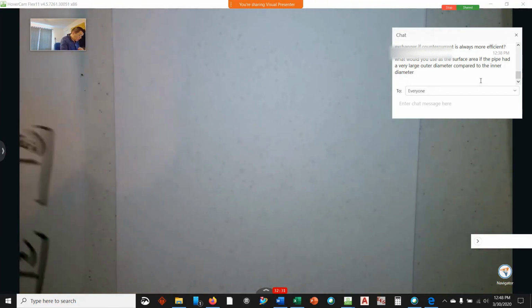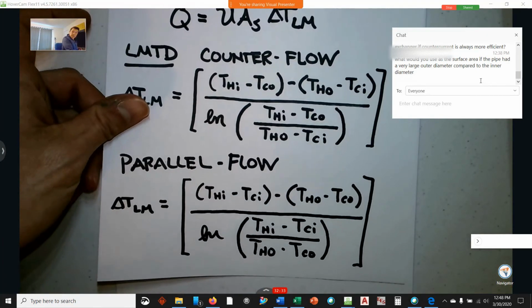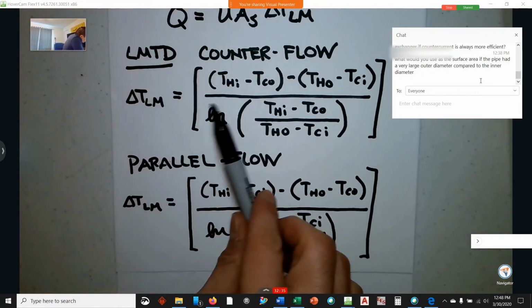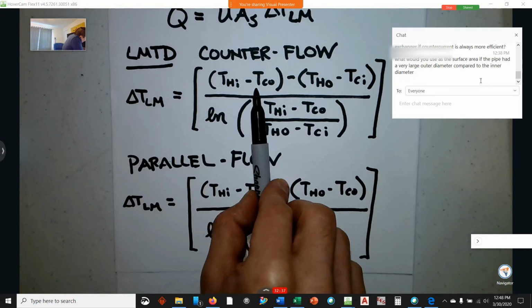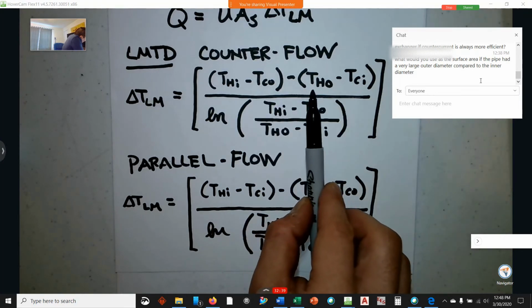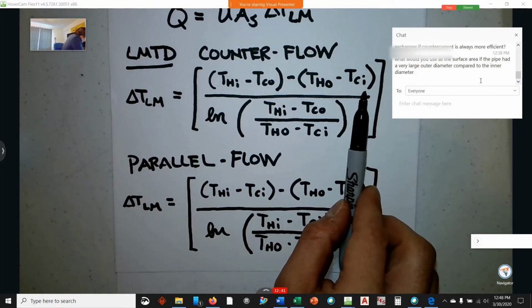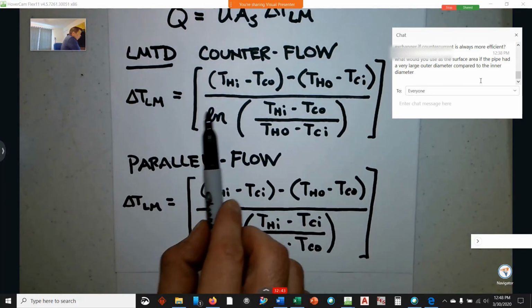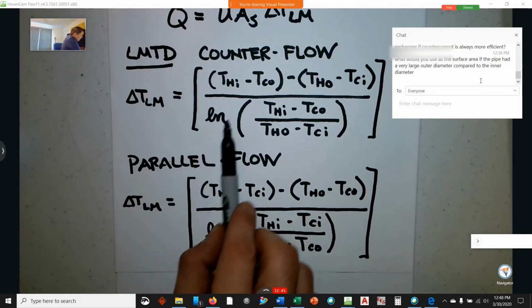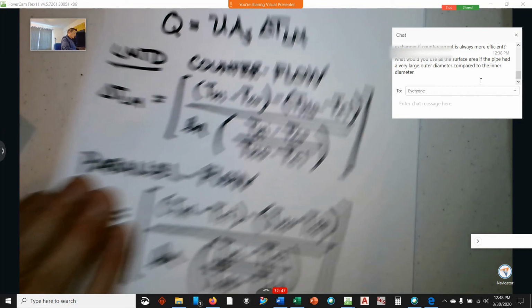So in that case, actually maybe we just look at these equations. THI minus TCO minus THO minus TCI. So we could rewrite this, actually let's just do this.